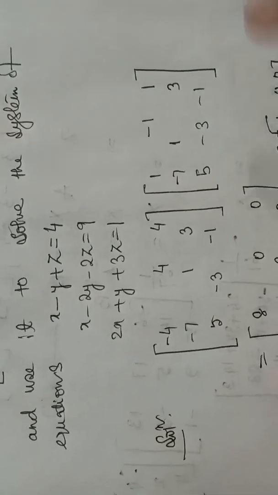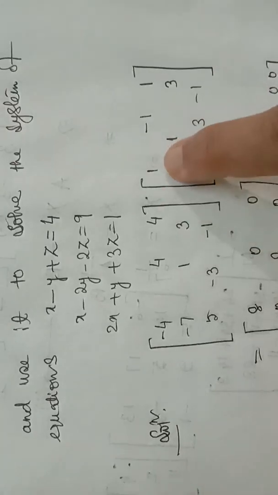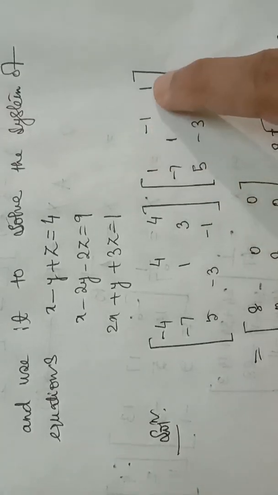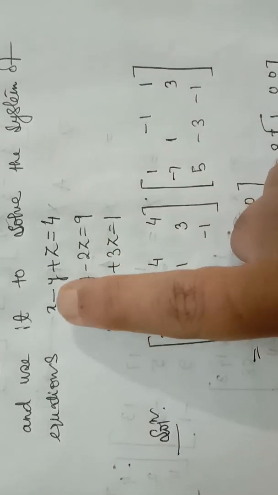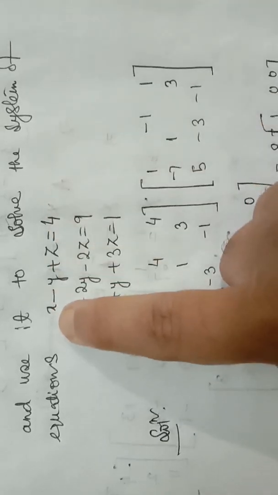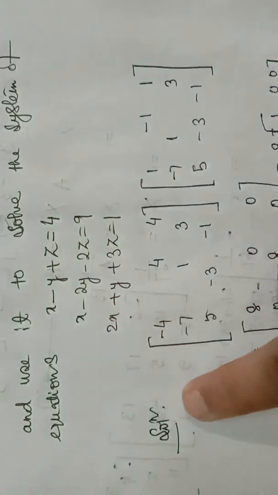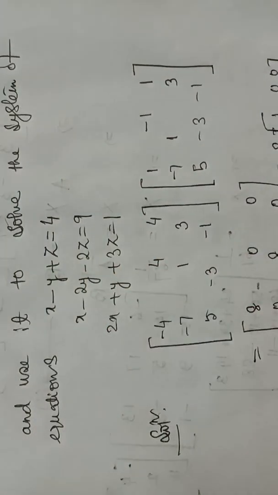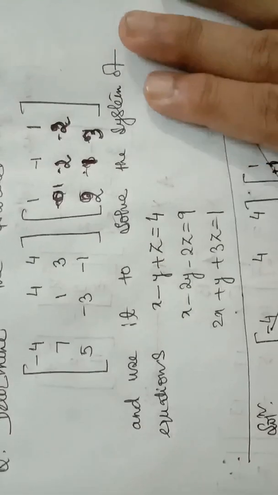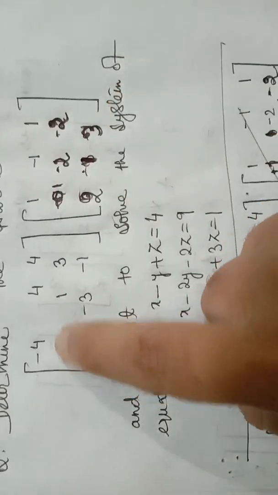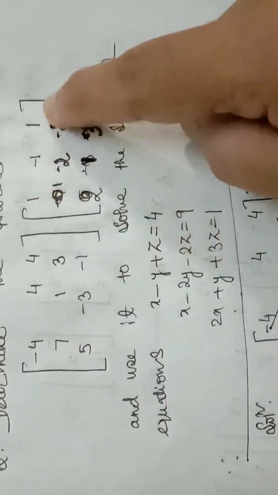Now you see, the second matrix is 1 minus 1 1. Now if you see the coefficients in the first equation, the coefficients are also 1 minus 1 1. Actually, by mistake, I have written these two rows in this matrix also.